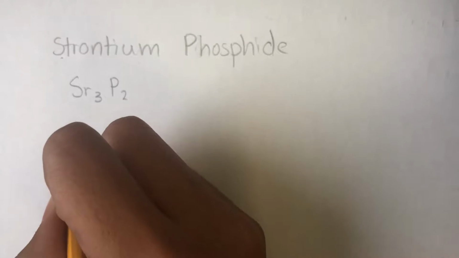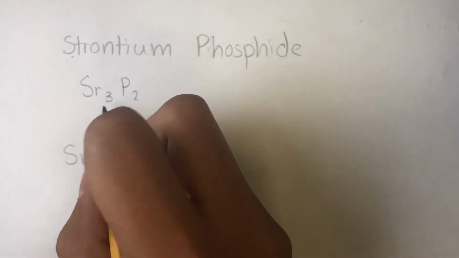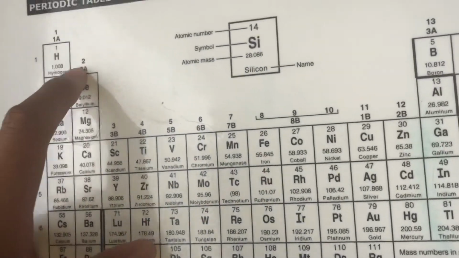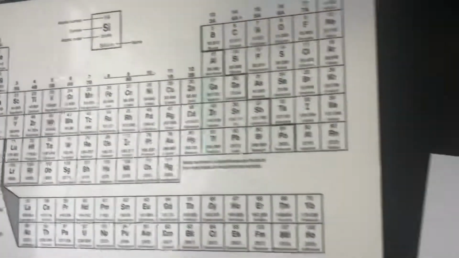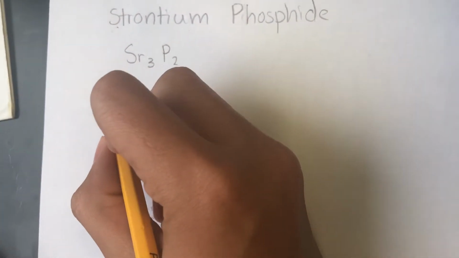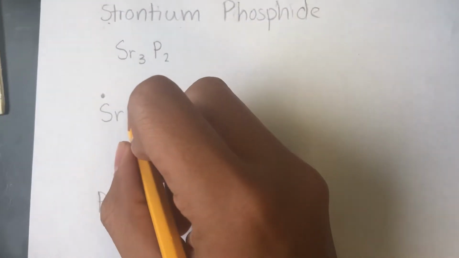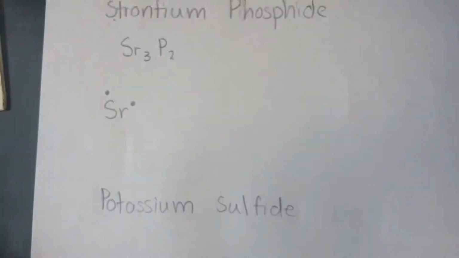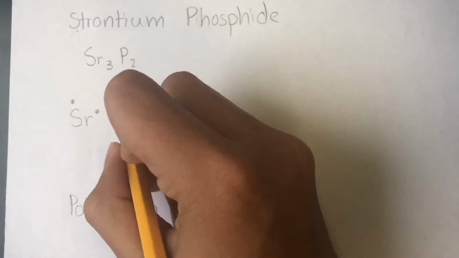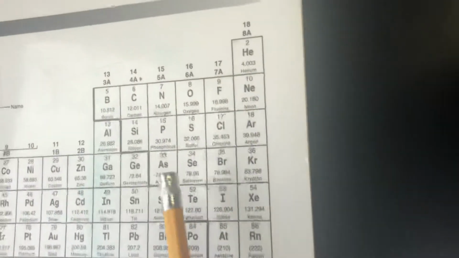Sr with 3, and Sr on the periodic table has 2 valence electrons, and if we do elemental Lewis, we have 1 over here, and then 2 up here, and then now we have phosphorus, and if we look on the periodic table, phosphorus has 5 valence electrons.